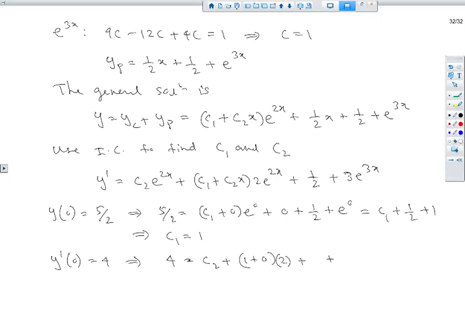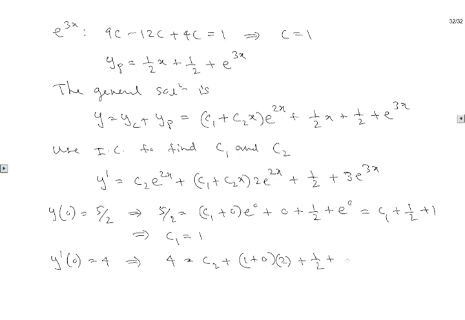So 4 equals c2 plus, c1 is 1, so I plug in that value here, 0, and then you have 2 e to the 0 plus 1/2 plus 3, and then you can see that you're going to get 2 plus 3, this is 5 and 5.5, so c2 equals negative 1/2.